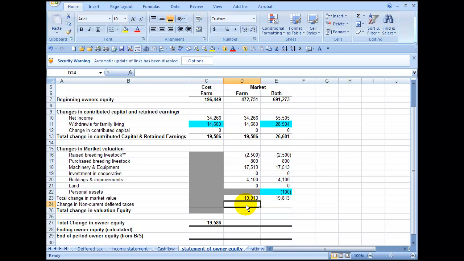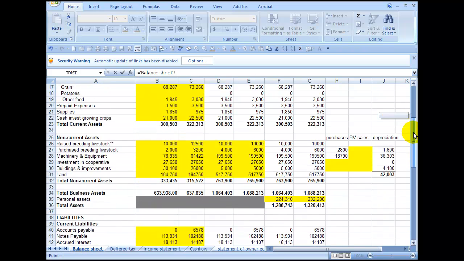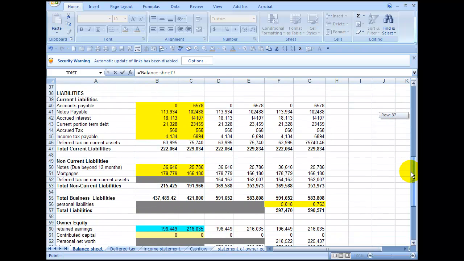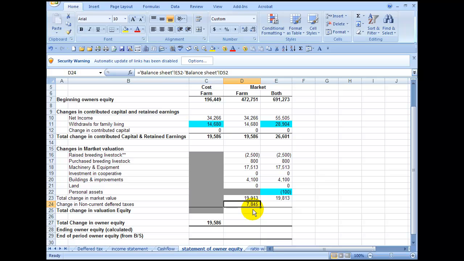So it's the deferred taxes on non-current assets, and we click over on the balance sheet. Deferred tax on non-current assets is down in our liabilities, and it's non-current. So it's the ending minus the beginning. Our tax obligation has gone up by $7,845.